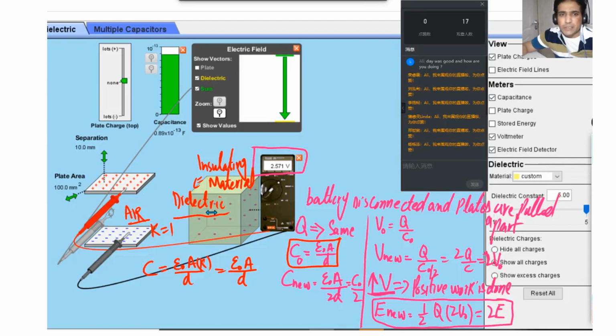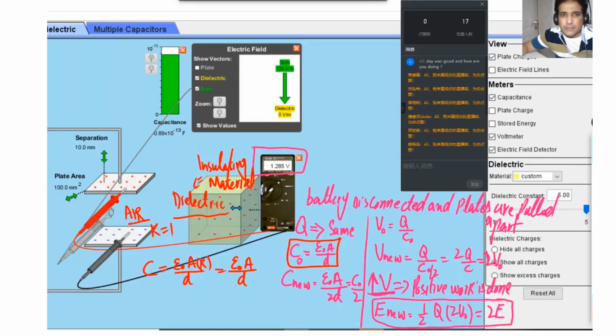So you can see here now. If I move this one inside, first of all I have to connect this one. So now I connect this one. If I move this inside, you will see more charge on this one. Can you see? If I move it out, less charge is stored.